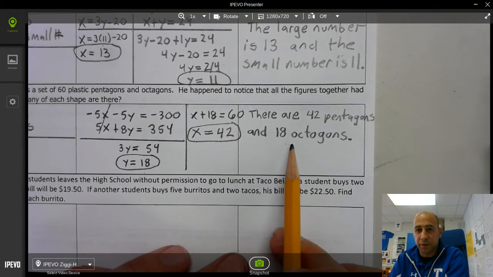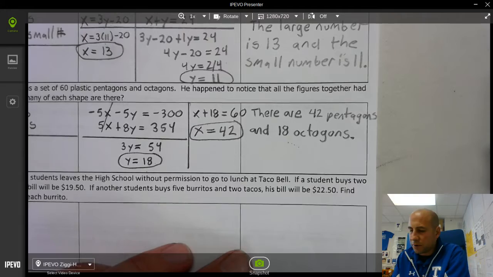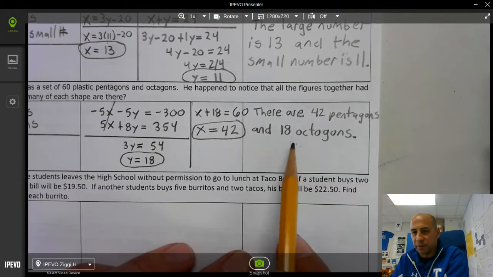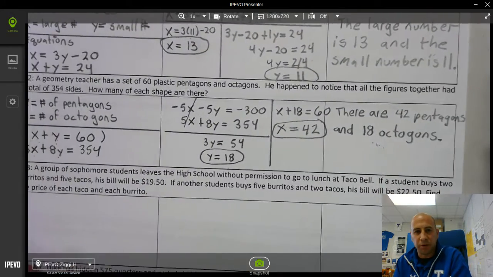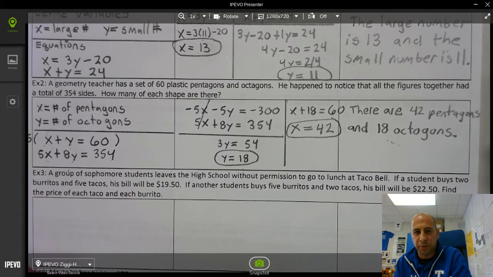Don't forget, this is going to be in step. You'll lose points on an assignment or quiz or test if you don't write the sentence, okay? All right, so let me let you pause for a moment and update example 2.